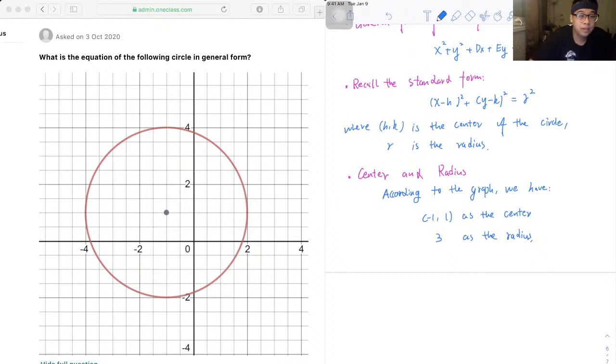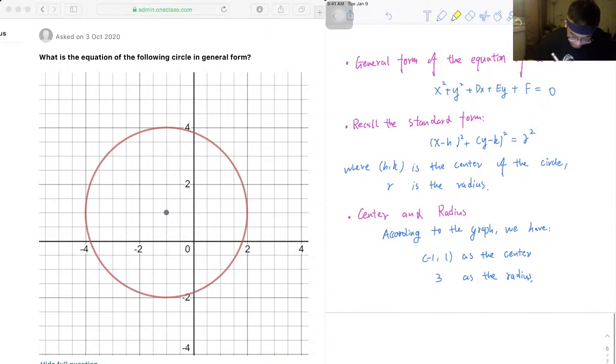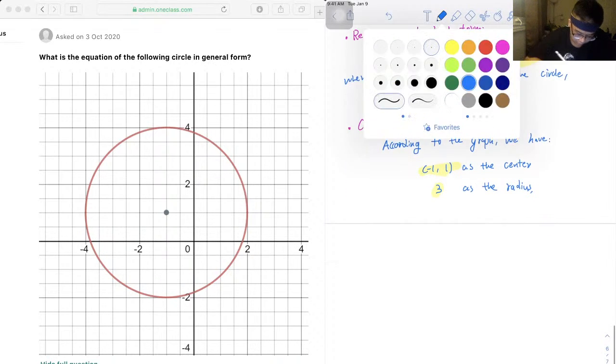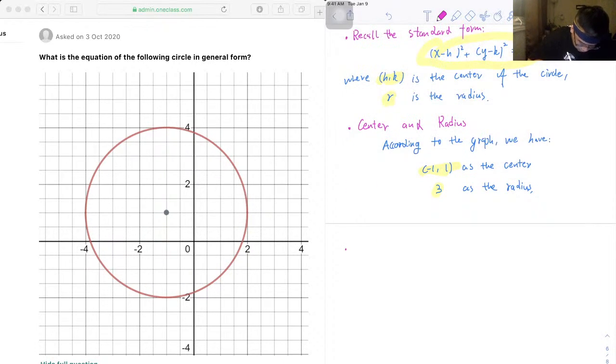Alright. So now, as you can see, we got our center, which is the (h, k), and we also got 3, which is our r. So we can substitute this into the standard form.